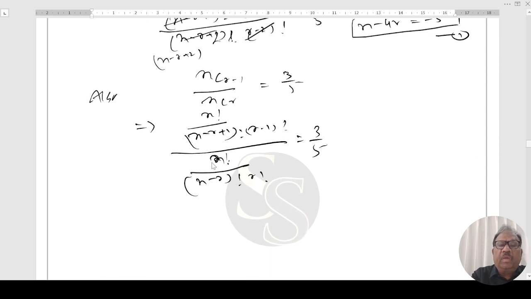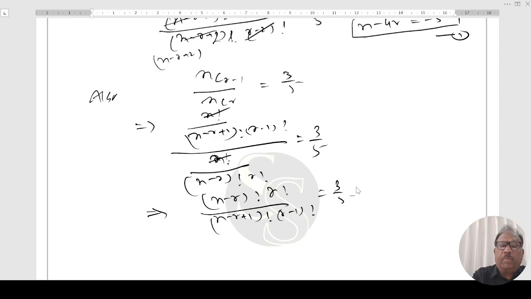Further simplifying this, this got cancelled. This can be written as n minus r factorial into r factorial upon n minus r plus 1 factorial into r minus 1 factorial equal to 3/5.